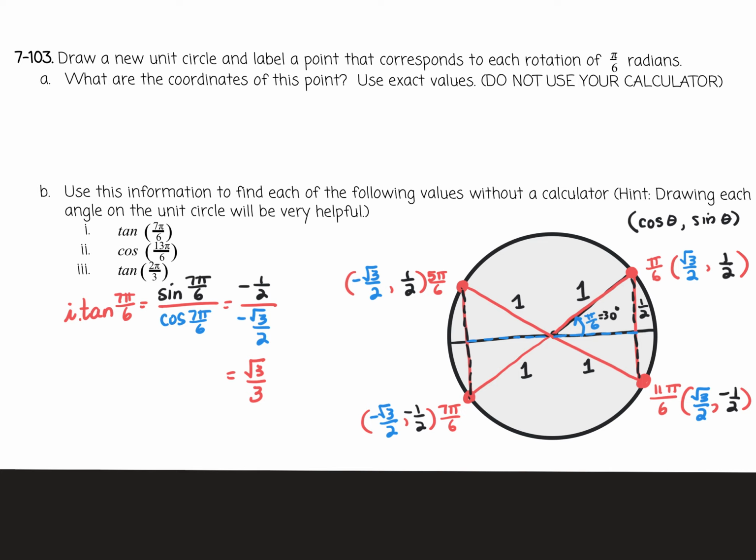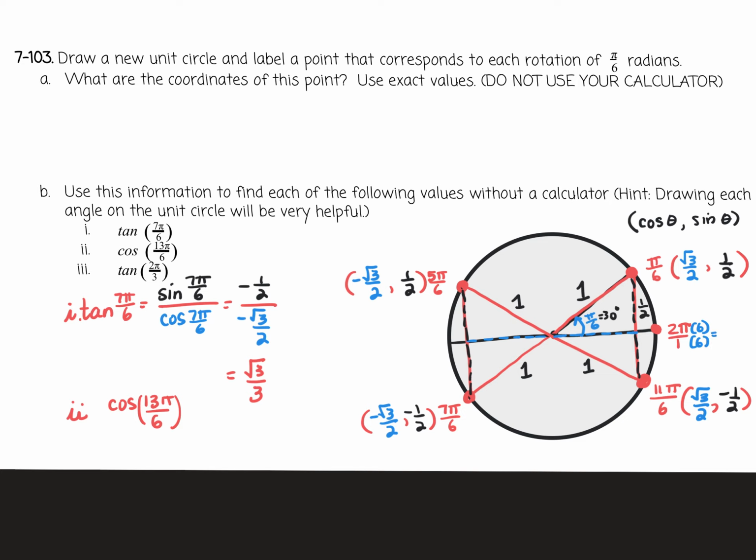Now, 2 asks you to find the cosine of 13 pi over 6. Now, what's interesting about this is that 13 pi over 6 is not on my unit circle anywhere. But look, I know that this would be 2 pi if I went all the way around the unit circle, right? 2 pi, if I wanted to write that with a denominator of 6, I could multiply top and bottom by 6.